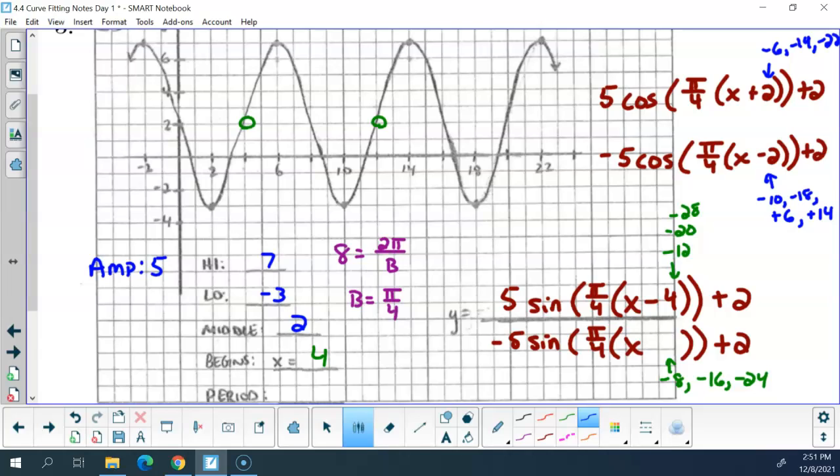Again, I remind you that next week, Wednesday, one week from today, you have your test that will include graphing, and this is called curve fitting. So it's going to have graphing and curve fitting on it. Your unit circle extra credit is also due next week, Wednesday.